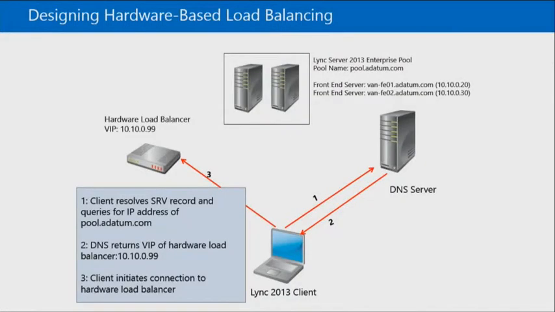So when you're designing a hardware load balancing based solution, again, what we were talking about previously was that even if you implement Lync 2013 with a hardware load balancer, the hardware load balancer will be in the mix. I will request from DNS, hey, what's the resolution of pool.8atom.com? It will resolve to the VIP on the hardware load balancer.